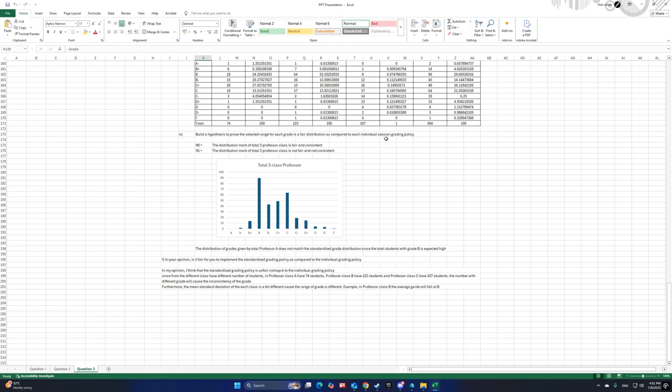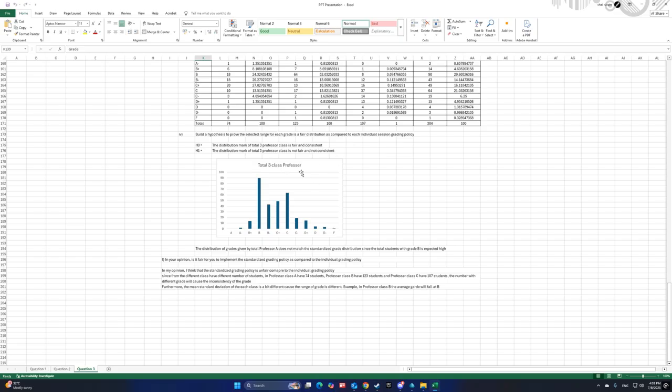For the H0, we set that the distribution of marks of the total three professor classes is fair and consistent. For the H1, the distribution of marks for the three professor classes is not fair and not consistent.